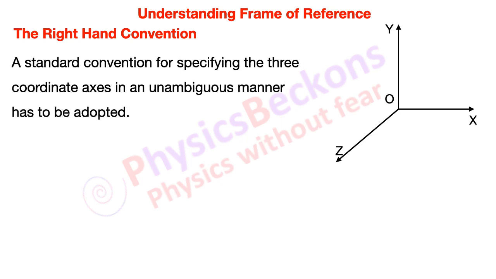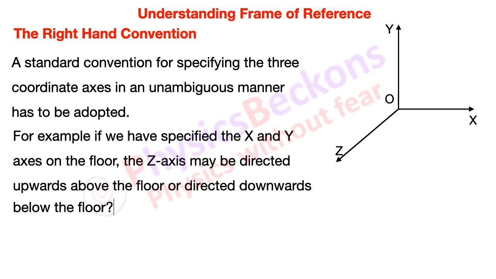A standard convention for specifying the three coordinate axes in an unambiguous manner has to be adopted. For example, we have specified x and y axes on the floor.